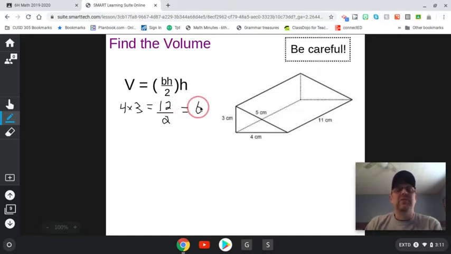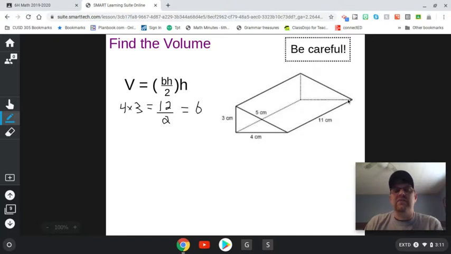I'm just doing it a different way just to show you it works this way as well, which equals 6. Now we could have done what we did the last 2 problems and taken the base divided by 2, which would be 2, and taken that times the height, which is 3. So 2 times 3 is 6. So either way, you get the same answer. Now we don't need this here. This is not the height of our prism.